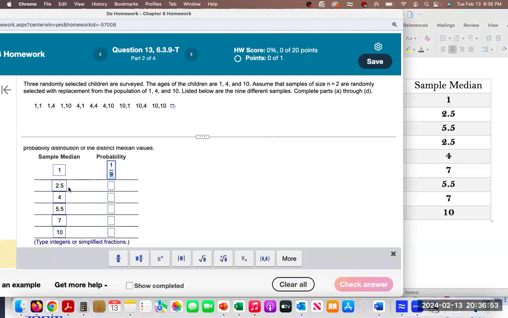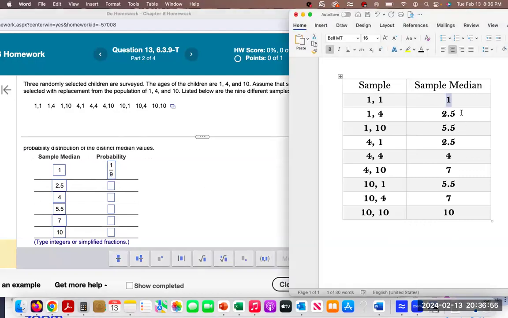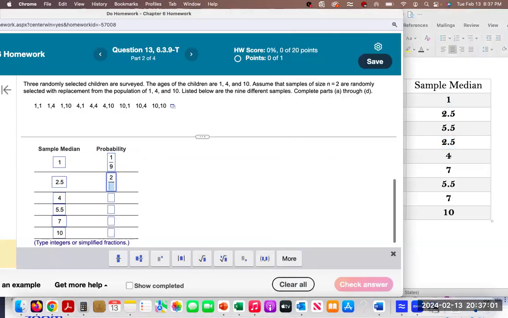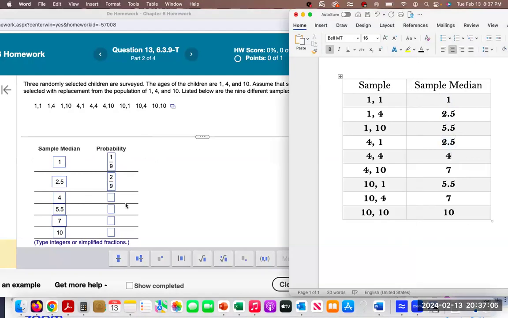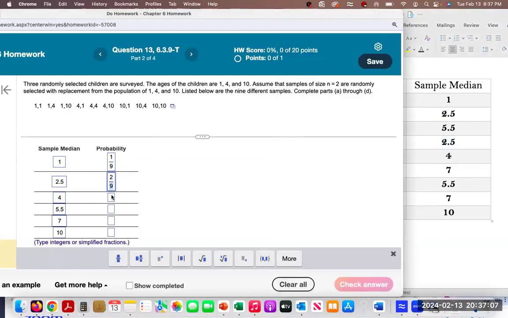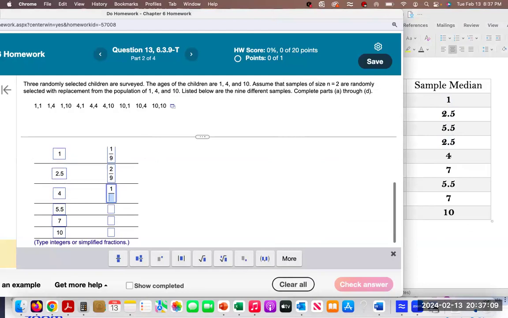How many 2.5s did we get? There's 1, 2. So 2 from the possible 9. How many 4s do we have? We only have 1 four from the possible 9. How many 5.5s did we get?